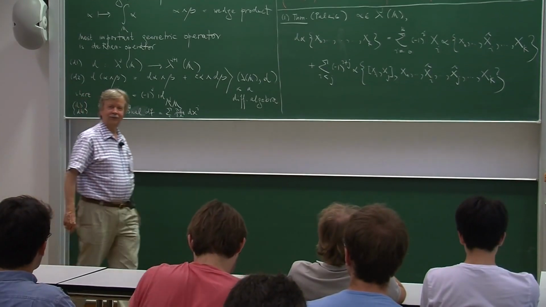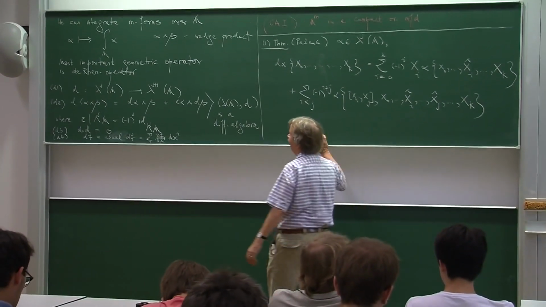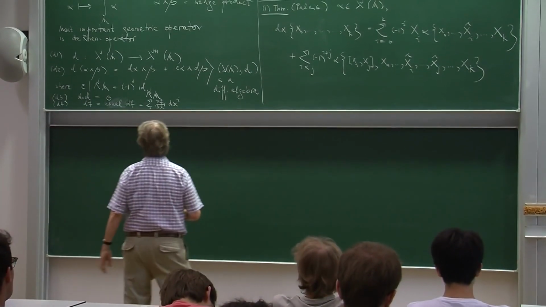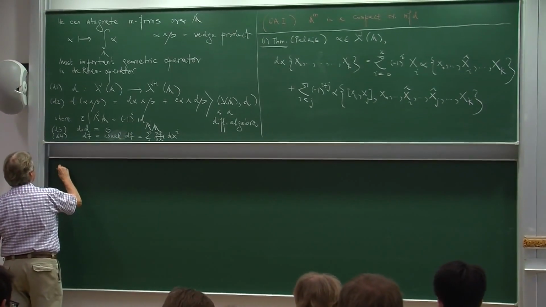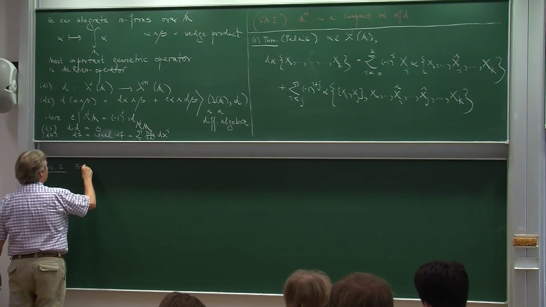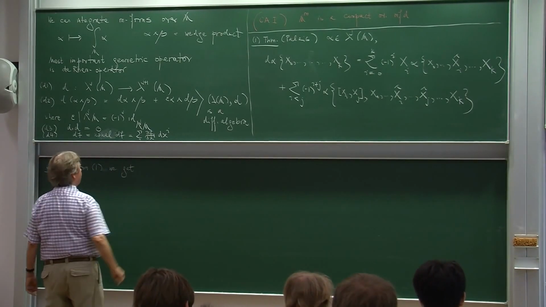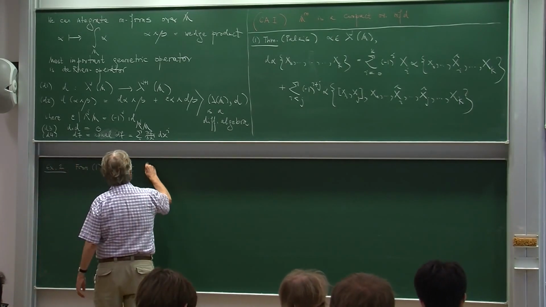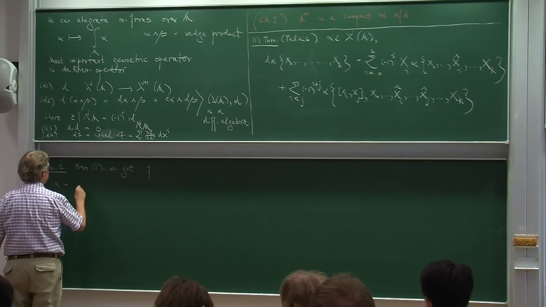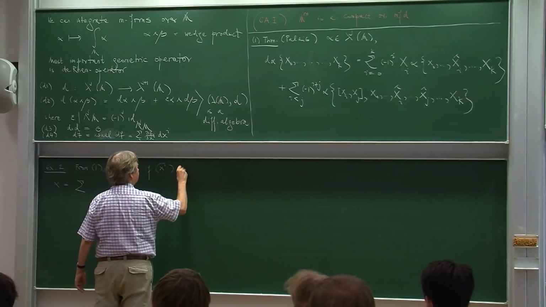Don't be confused, but the physicists know this. Yeah, and now using this formula, we can make a little exercise. First of all, we should write alpha in a given frame. The x^i are local coordinates.